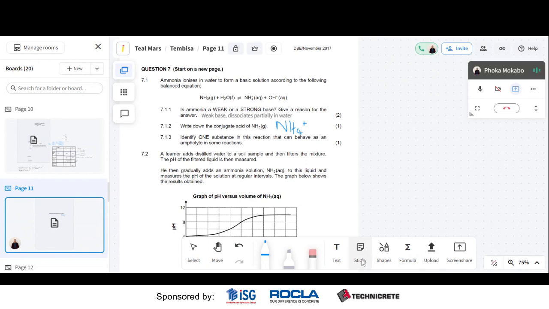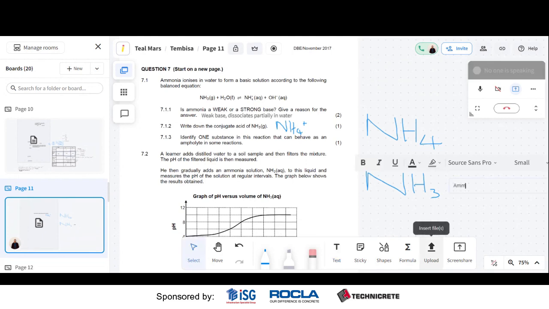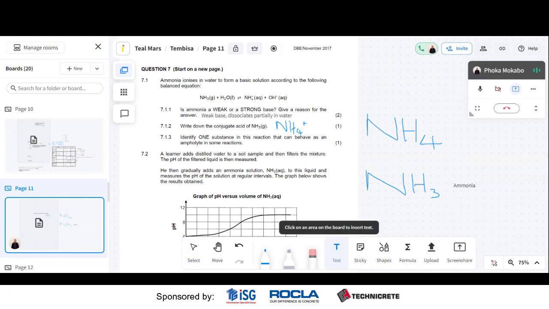Now, two things to note here. Ammonia versus ammonium. How I always remembered it is ammonia will have an A at the end, ammonium will have an M at the end.